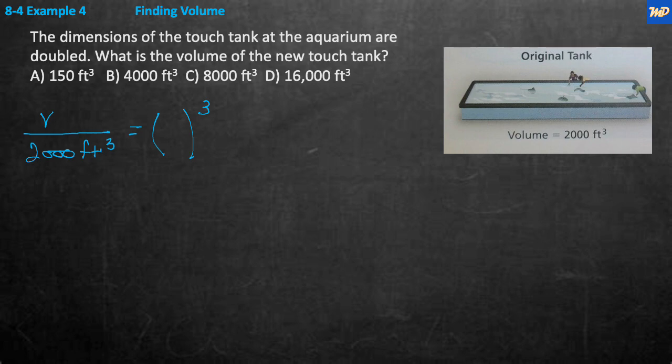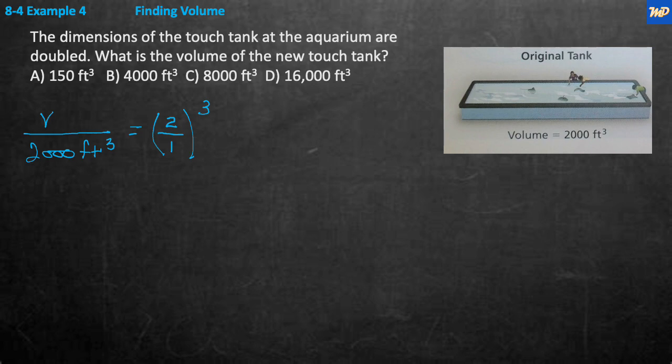Well, they didn't give us any numbers here, did they? All they told us is that from the new tank to the old tank, the new tank doubled. So that would imply that the length of the new tank is 2 over the old tank was 1. So it's 2, that's what we're looking for here.